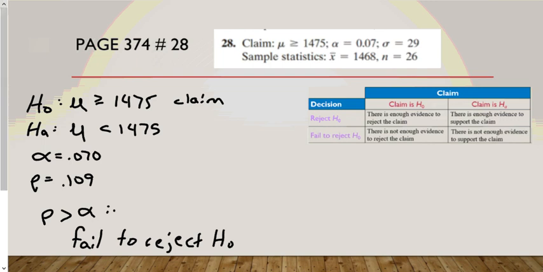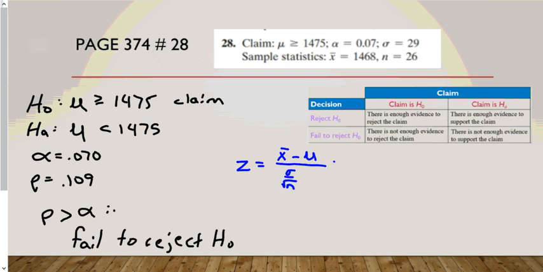I want to go back and revisit this and do this one by hand real quick, just because it's a good idea to always do the first one by hand. And remember what our formula was: z, our critical value, was equal to x bar minus mu over the standard error, which was sigma over the square root of n.